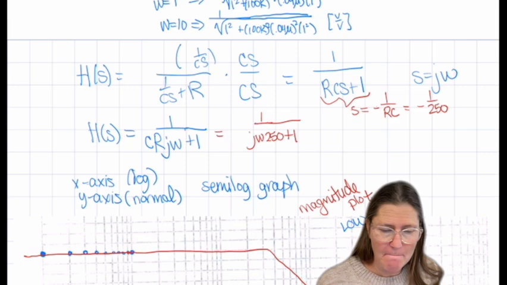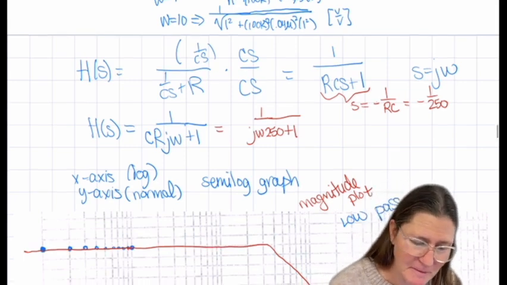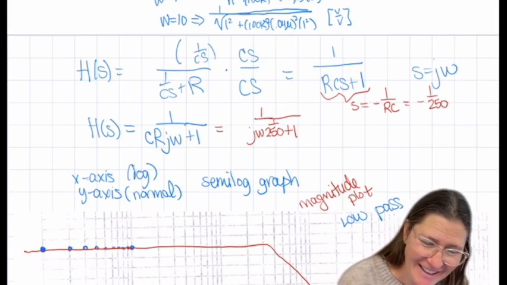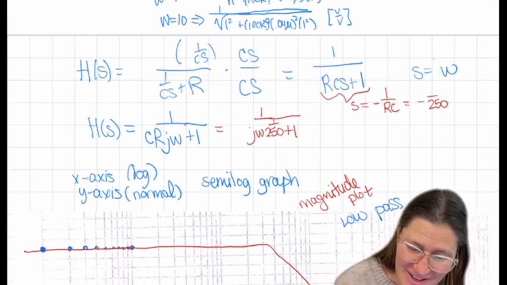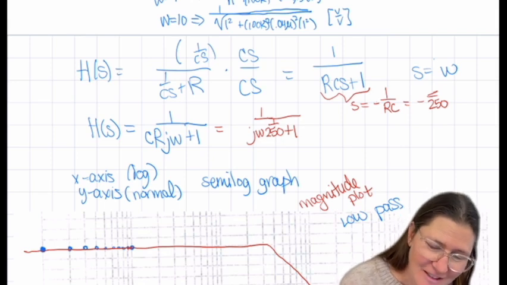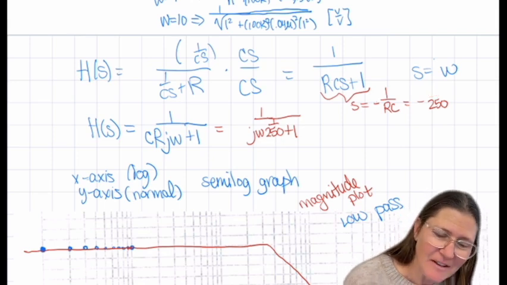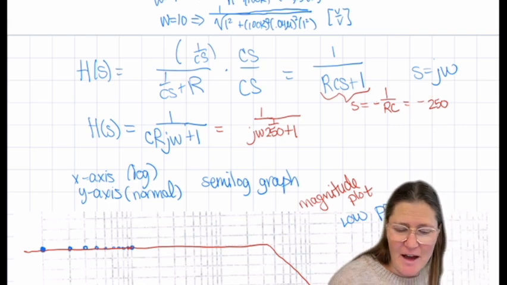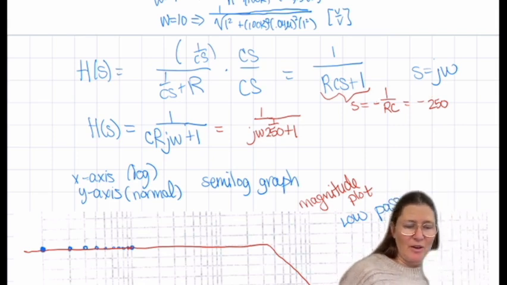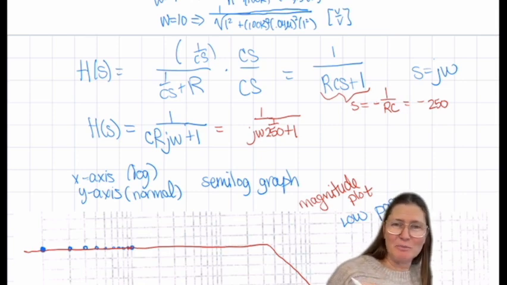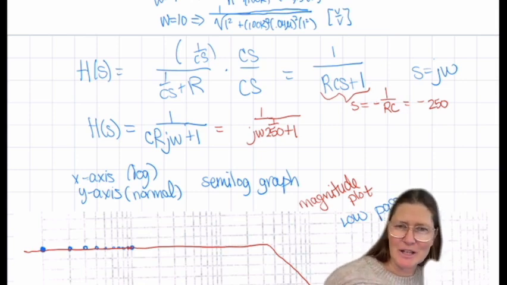No, I'm sorry, this was 1 over 250. This is 250, so it is 250. Sorry. RC is point something, and then it goes into 250.